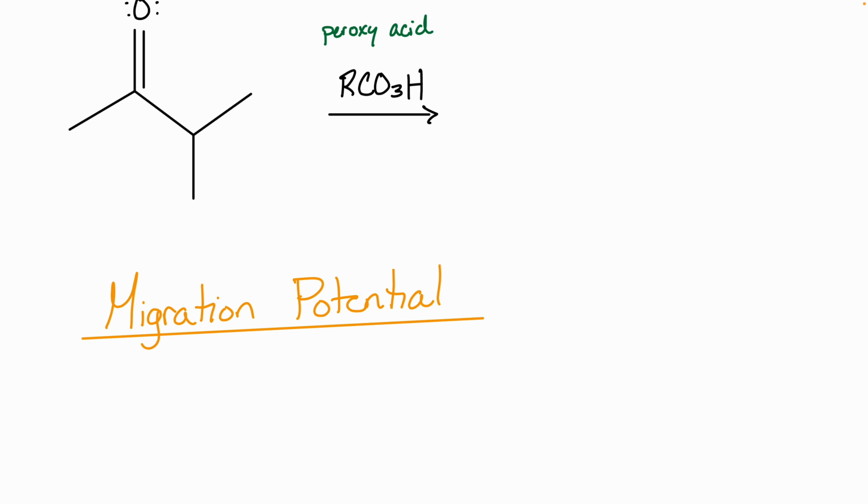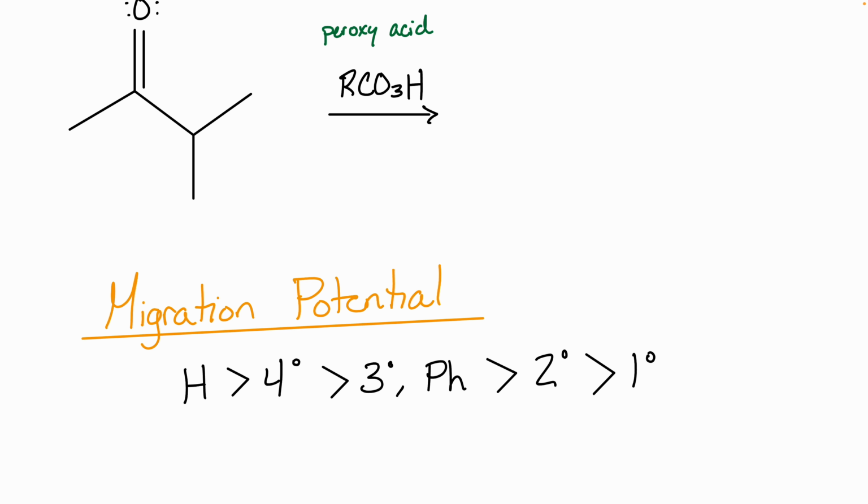The highest migration potential would be if it was a hydrogen attached to that carbonyl carbon. So if you had an aldehyde, the oxygen would be inserted between the carbon and the hydrogen. From there it goes roughly in order of degree of substitution. We have our quaternary carbons, then tertiary carbons, as well as those phenyl groups are tied, followed by secondary carbons, and then finally, the least likely to migrate are primary carbons.